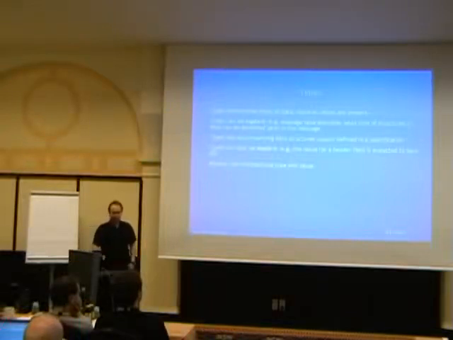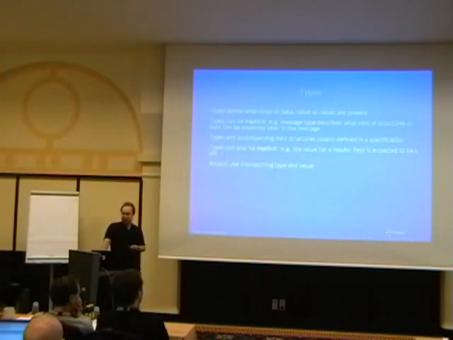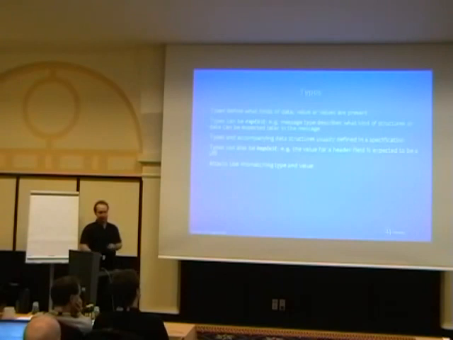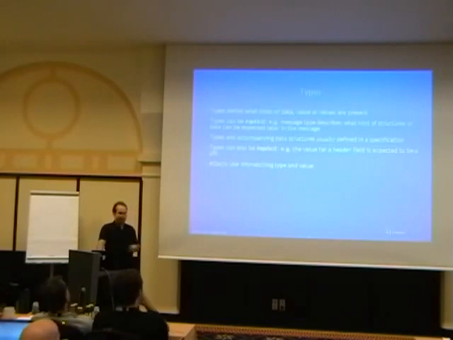So you might have a header field in, let's say, an ASCII protocol where the value for that particular header field is expected to be a URI. It might be referenced in the specification. There might be some kind of implication that a URI is expected, for instance.